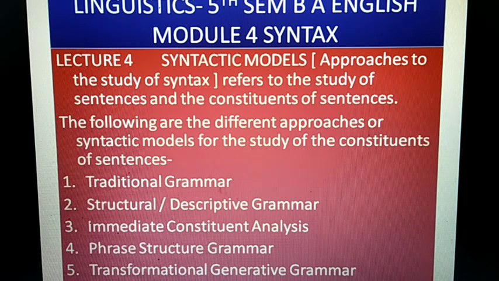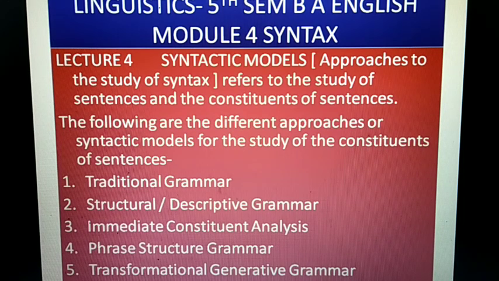And so far as we are concerned, we have to understand 5 of the approaches or models or methods of studying a sentence, and the first is traditional grammar. And in the discussion of traditional grammar, we will look at the way or the method in which traditional grammarians explained or analyzed sentences.